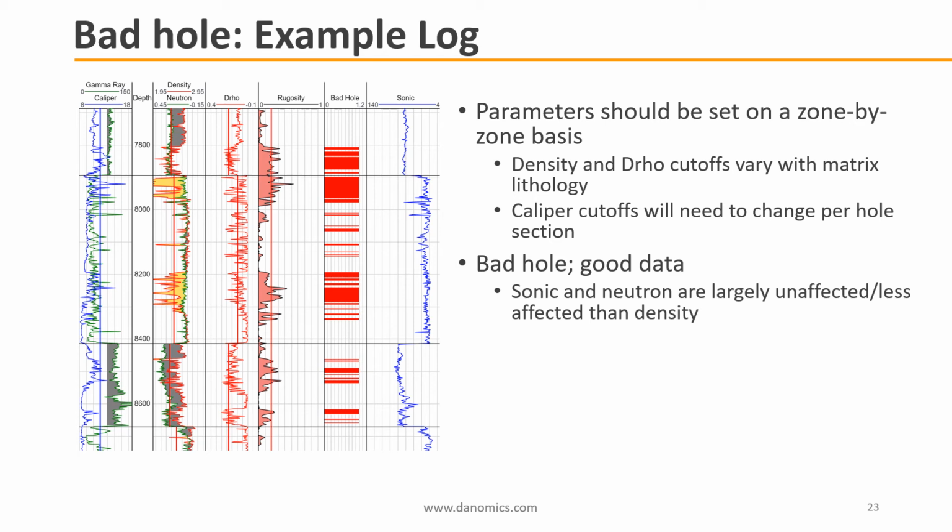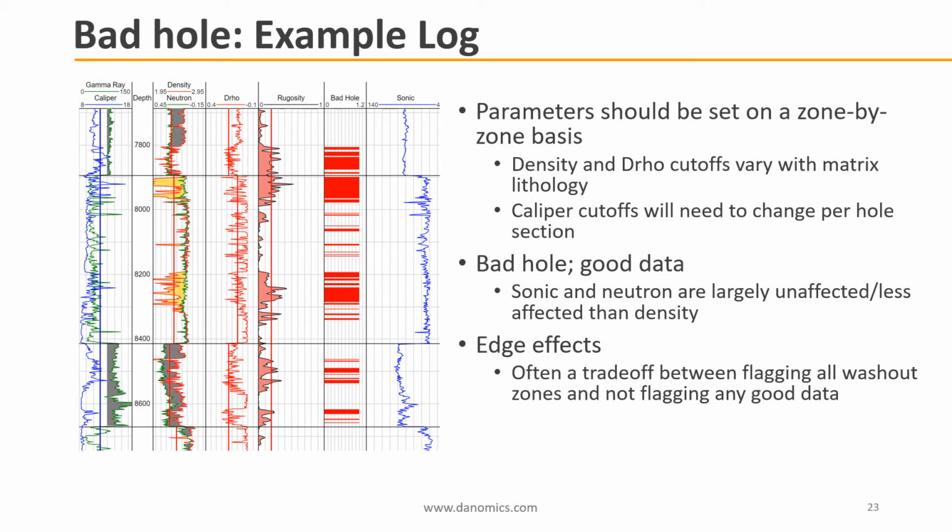Whereas the density curve, with its shallow depth of investigation, we see extreme values here that are erroneous. We do not have 25 or 30% porosity here. We instead have bad data that needs to be corrected.